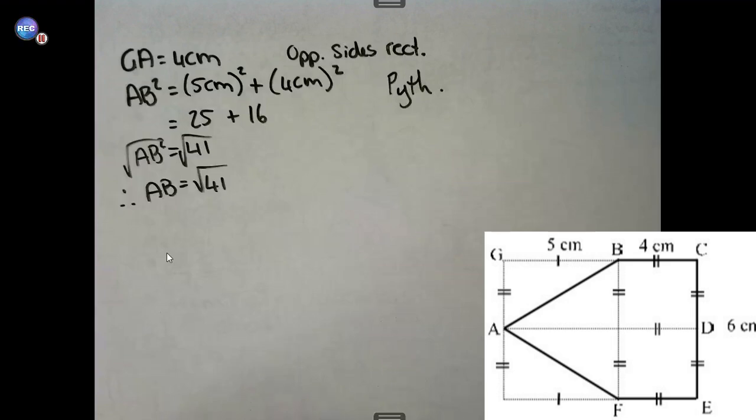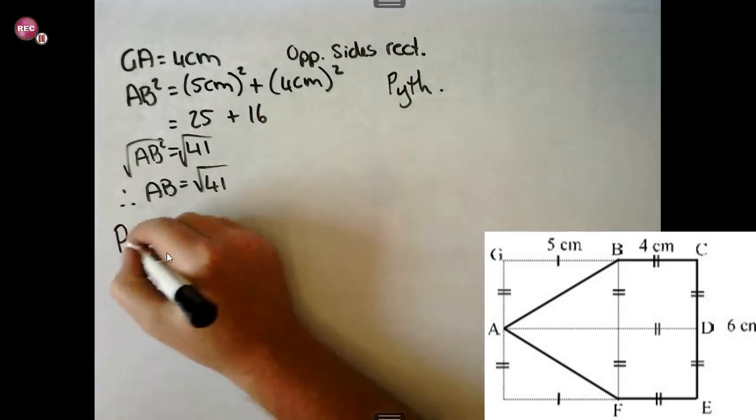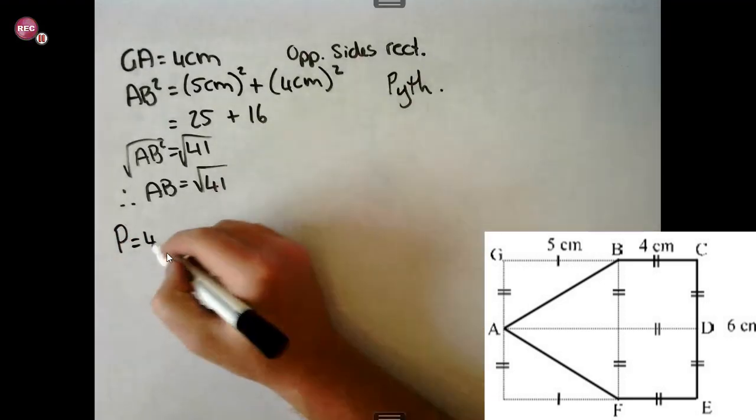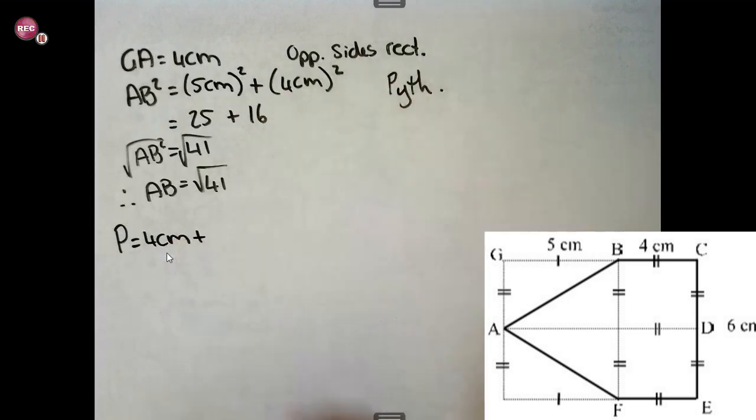So with that said, I'm going to start right at the top where BC is. I'm going to move clockwise all the way back to AB. So the perimeter of this shape: if I start at BC, it's 4 centimeters. Plus, if I move on, I will get 6 centimeters.